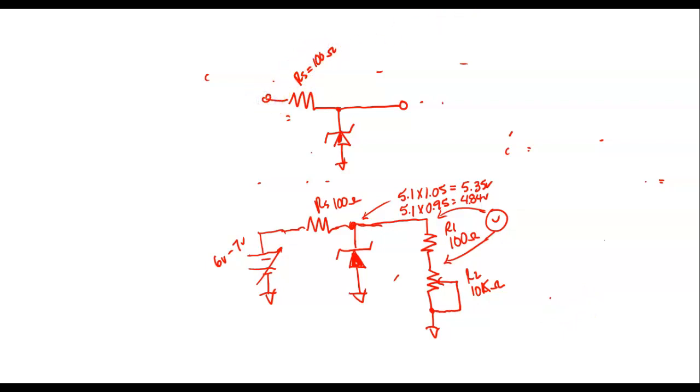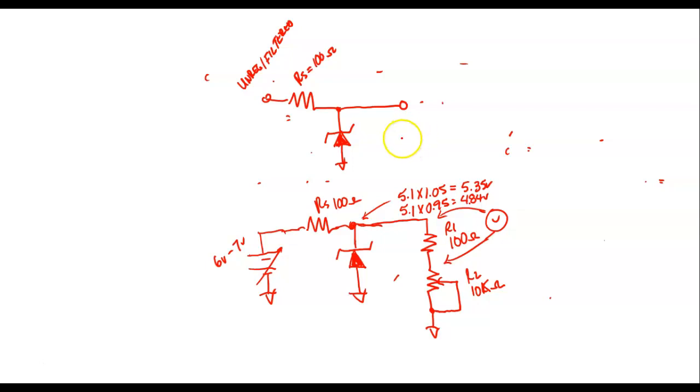Right here, this is going to be the unregulated filtered input. The unregulated filter could be coming from a half-wave rectifier, a full-wave center tap, or a full-wave bridge. So that's the circuit right there. That should be your first circuit.